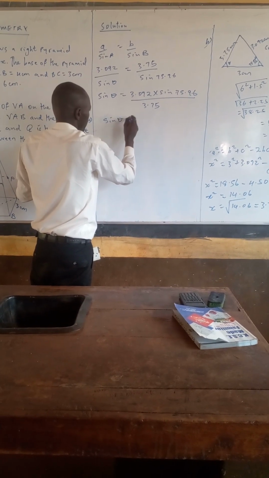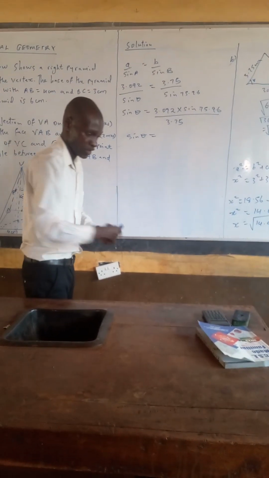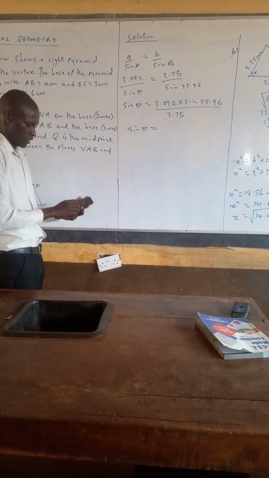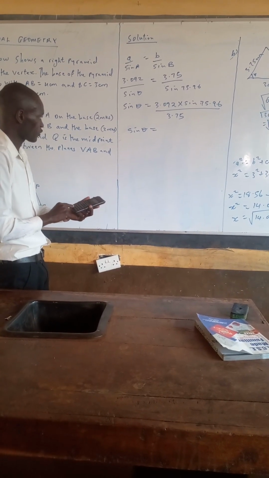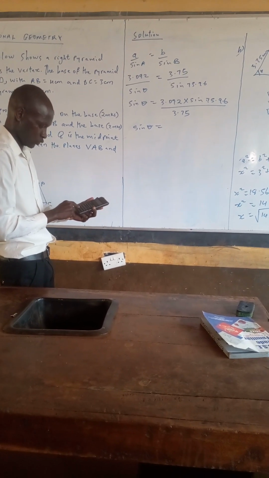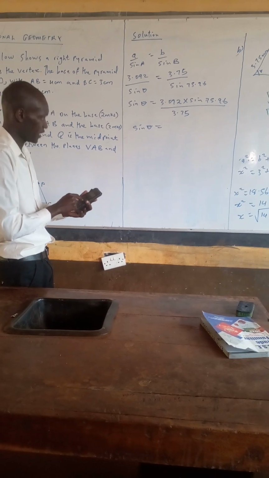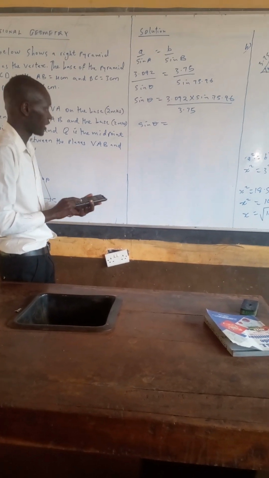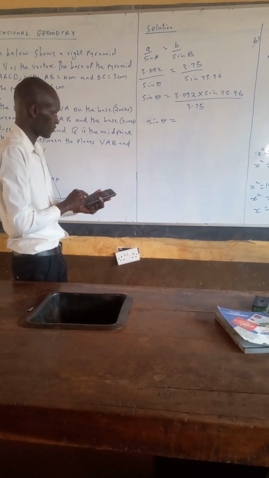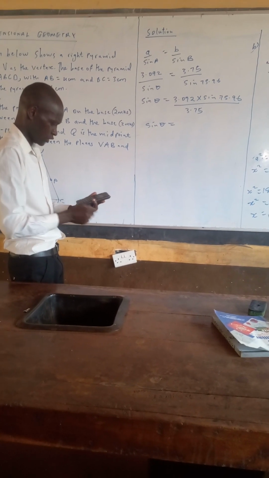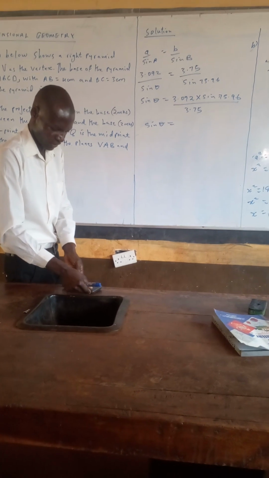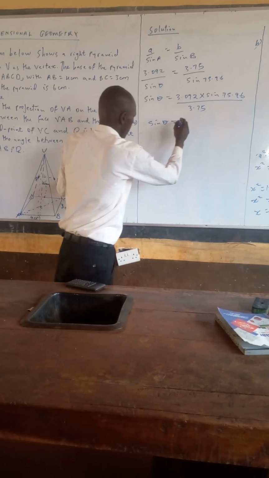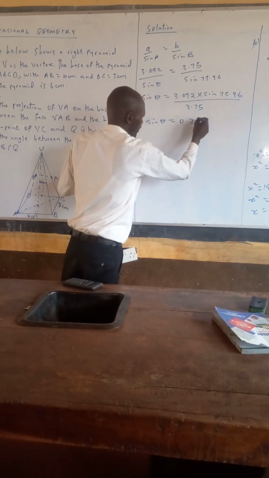So sine theta will be equal to, now we get the value from the calculator, 3.092 multiplied by sine 75.96 divided by 3.75. So we will be able to end up with 0.7999.